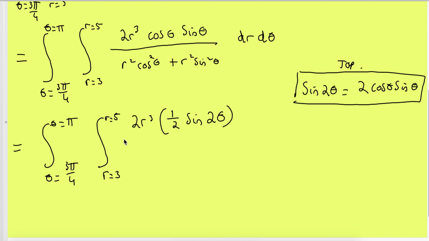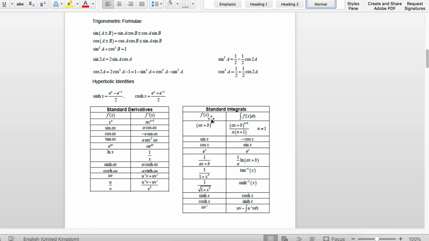Now one thing I know is, let's have a wee look if it's on my formula sheet, that sine squared plus cos squared equals 1. Anyway, that formula sheet's wrong.